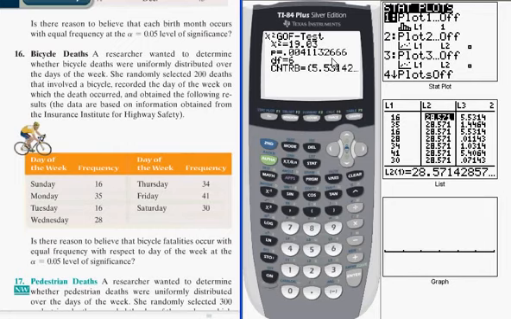Okay, so that's how you can do it if you have an 84. But as I said, if you have an 83, it's just a few more steps handling the data in lists and doing the math that way.